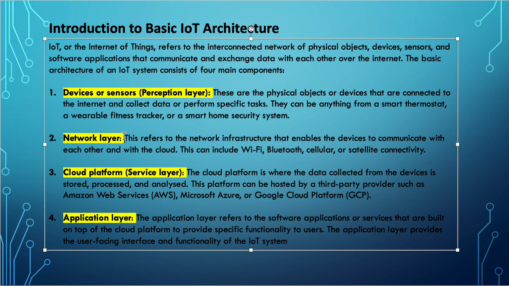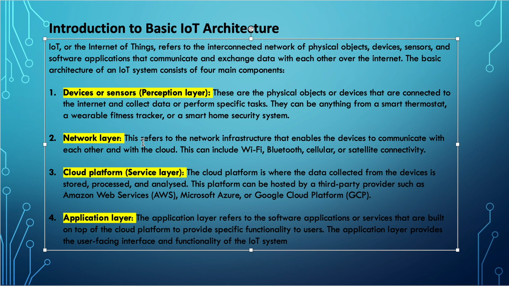So normally when a thing is connecting to the internet and building the internet of things, the network is the next fundamental layer that is needed, right? When building an IoT architecture, by definition it should be connected to the network, to the internet.